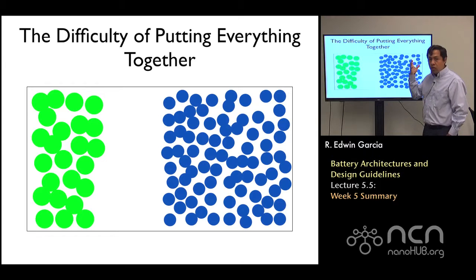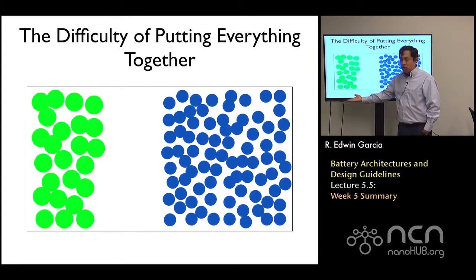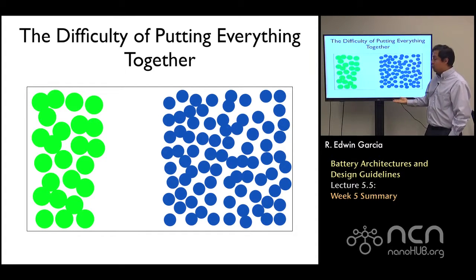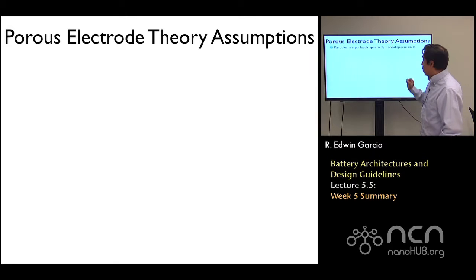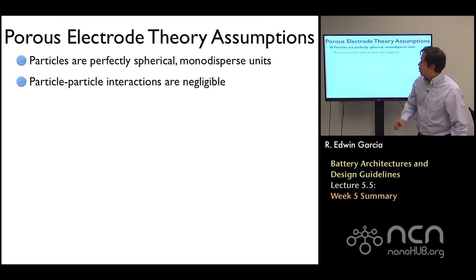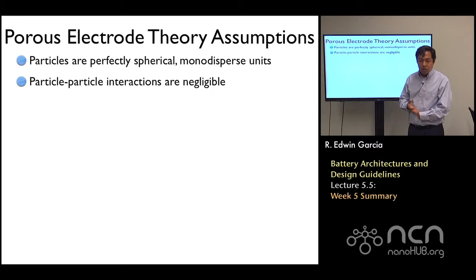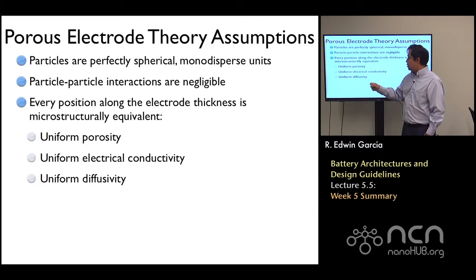So instead of doing that, what the community has done is realize that they can microstructurally average, in the context of designing these three-layer structures, the properties of each of them, and by making assumptions that particles are perfectly spherical entities, that the particle-particle interactions occur via the electrolyte, and that every point of the electrode can be equivalent microstructurally, because we assume uniform porosity, uniform electrical conductivity and diffusivity.